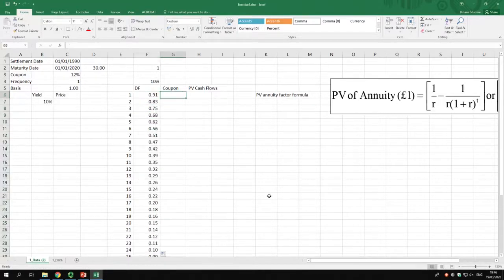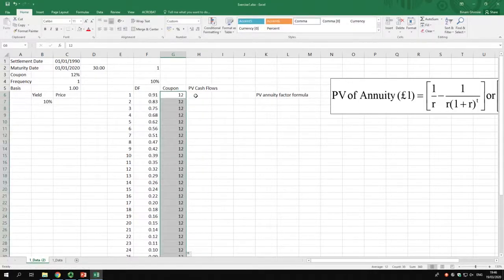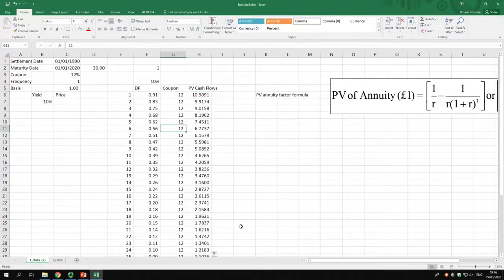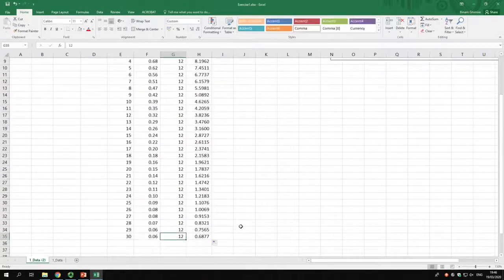Then the coupon is 12%, assuming a face value of 100. So it is going to be 100 times 12%. And therefore you can find the present value of the cash flow simply by multiplying. But do not forget that in the end your £100 will also be returned, because that's the redemption value.